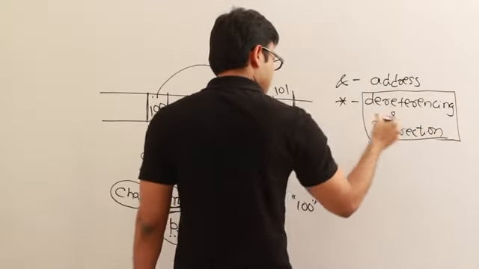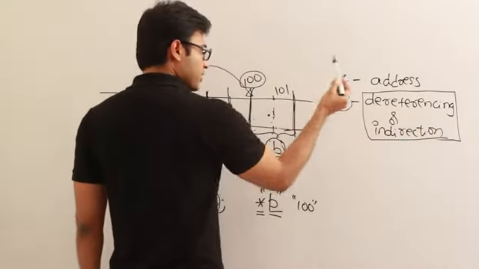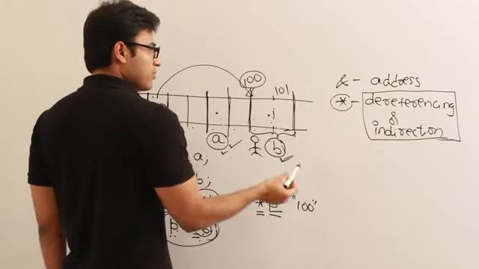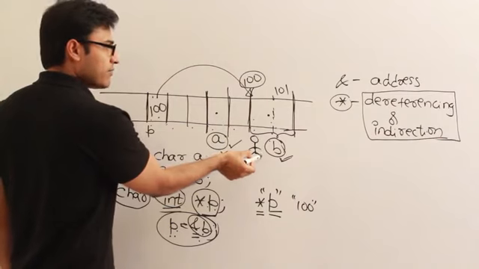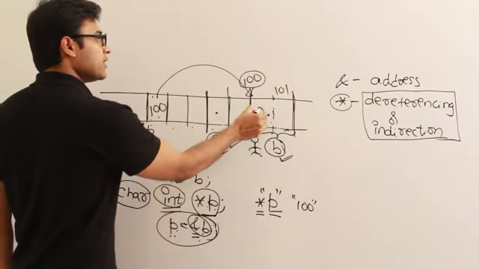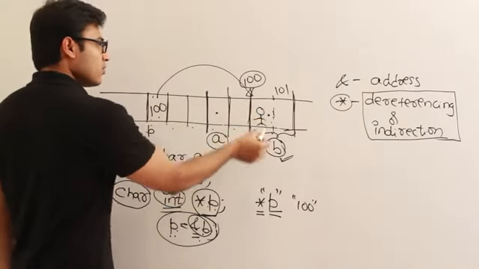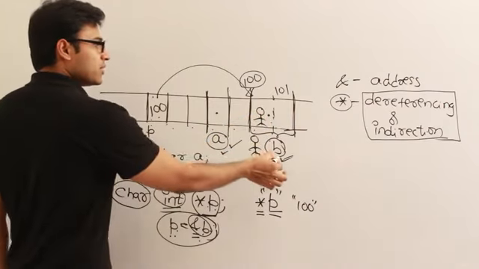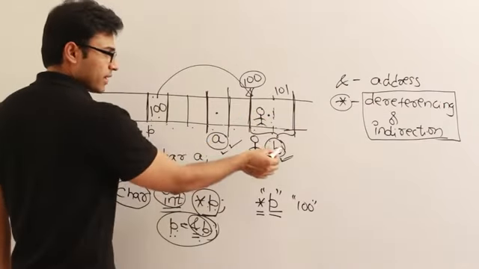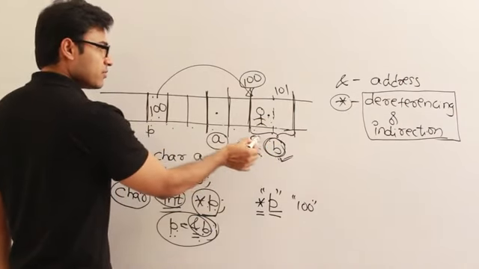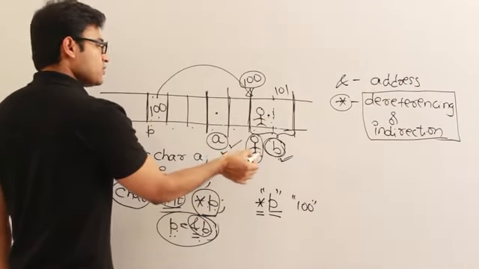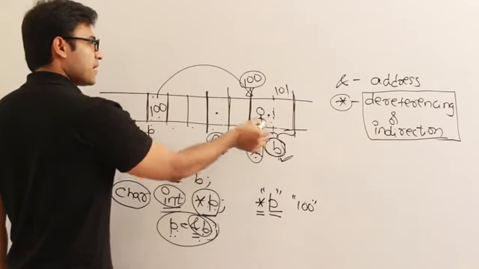Whenever I apply this star to a pointer, if you have the name of a pointer, you are actually standing outside that memory cell, and when I apply a star, you are actually getting inside it, right? So if I use the name of a variable, I am standing inside. If I use the address of a variable, I am standing outside. And if I use star on the pointer, I am standing inside.